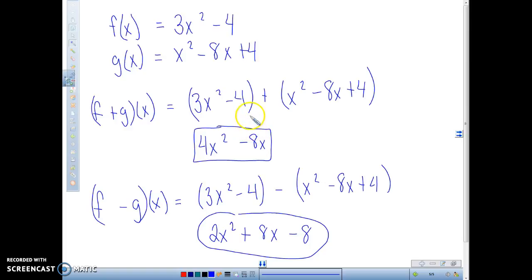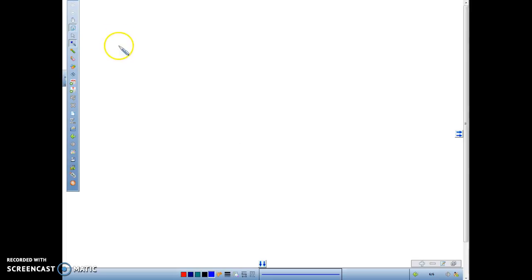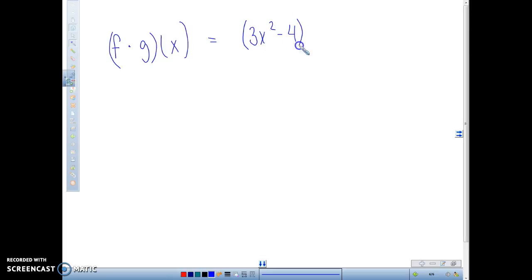Okay, let's go to our multiplication. So our f function is 3x squared minus 4, and our g function is x squared minus 8x plus 4.